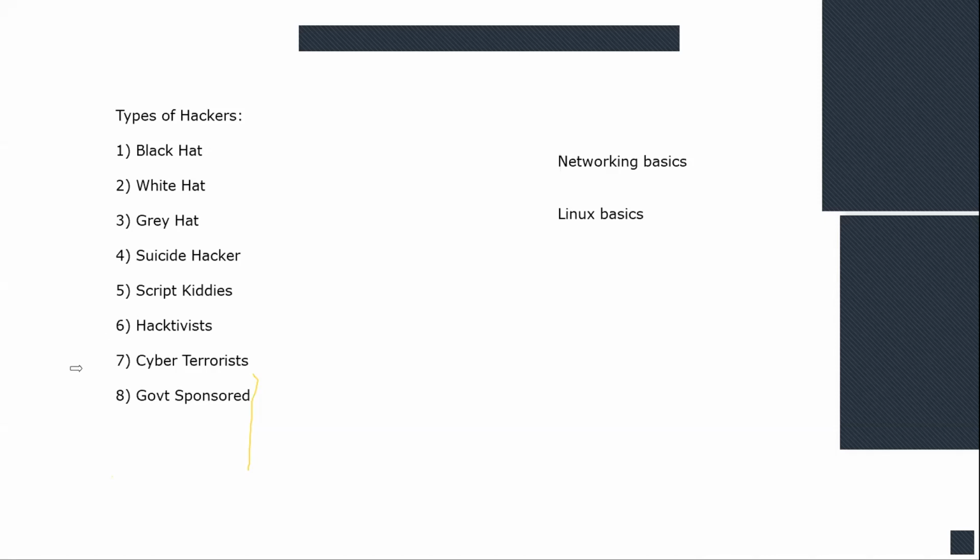They are called cyber terrorists. And you have, finally, government sponsored hackers, where the government will be recruiting a few hackers to hack into other computers and networks for the nation's security. So that is about government sponsored hackers. So yeah, these are the types of hackers.